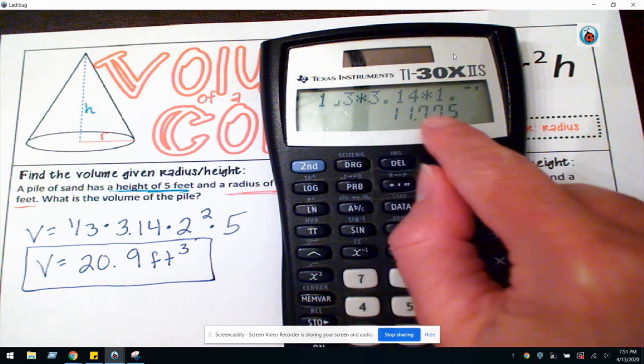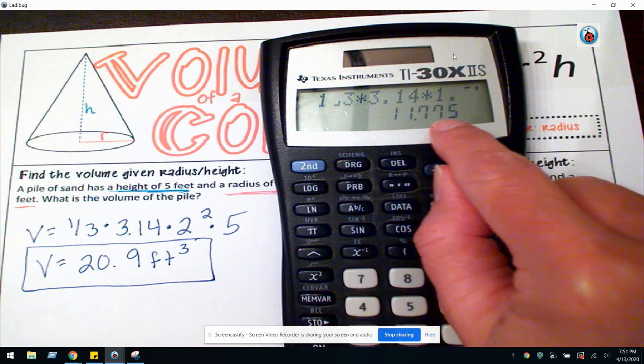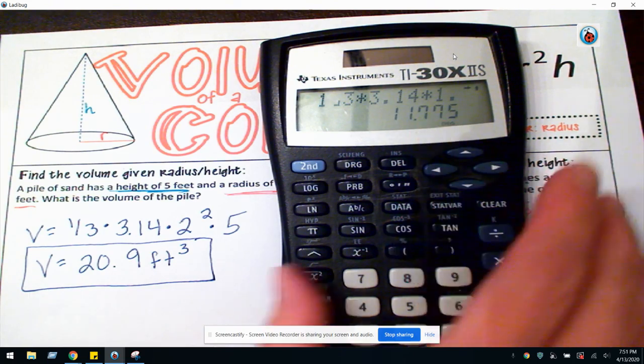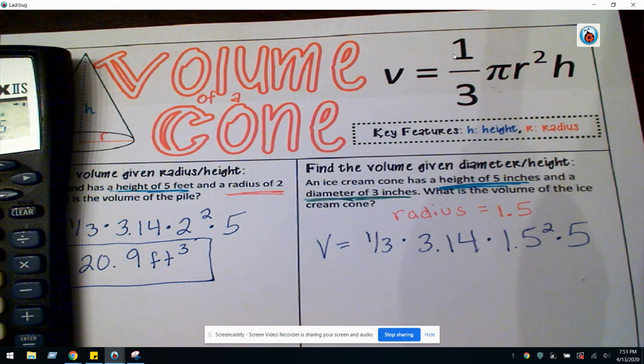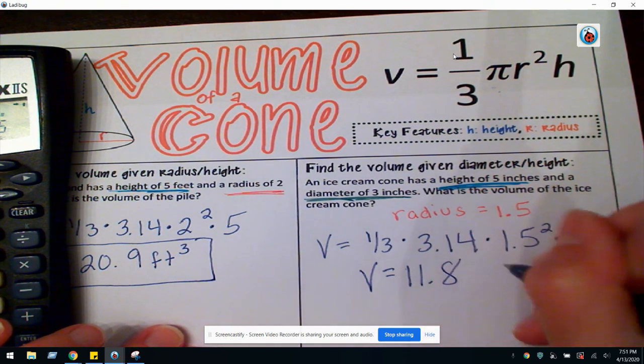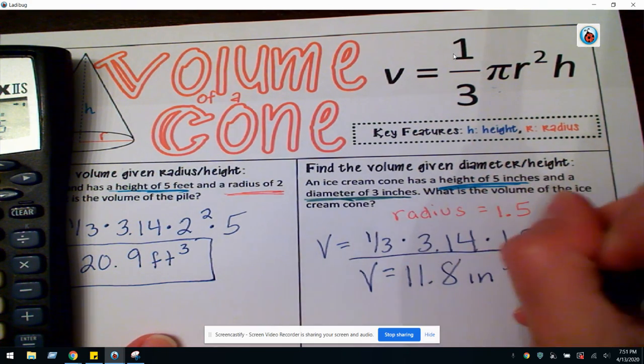If I'm going to the nearest tenth, 11.7, is it going to stay 7 or go up? I look at the number next to it. Since that's a 7 as well, remember if it's 5 or more, move up. So this will be 11.8. My volume here is 11.8 inches cubed.